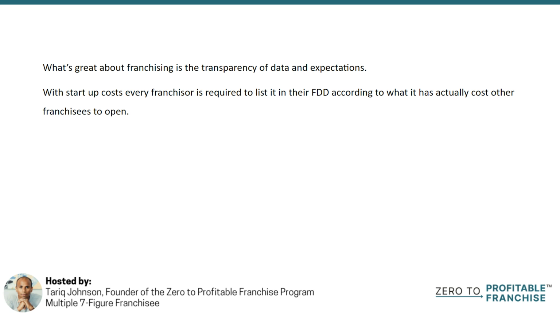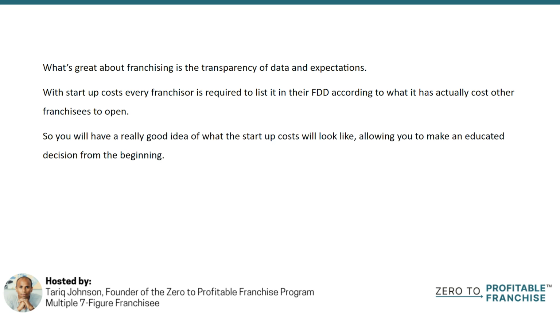We're going to go over specific examples, pull up screenshots from FDDs, but when you see those numbers, that's what it actually cost franchisees to get open. These aren't just made up or guessed numbers. So you will have a very good idea of what the startup costs will look like, allowing you to make an educated decision from the beginning.